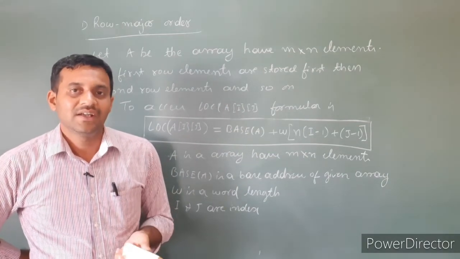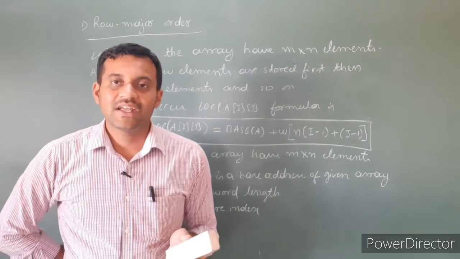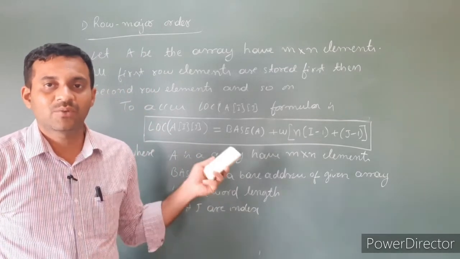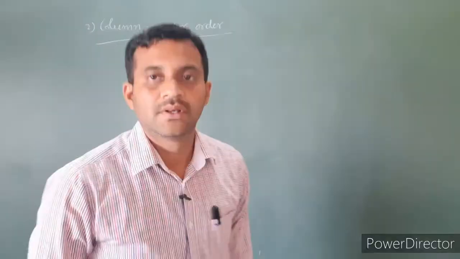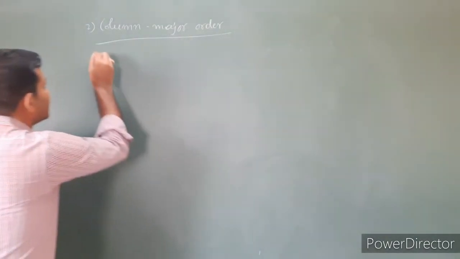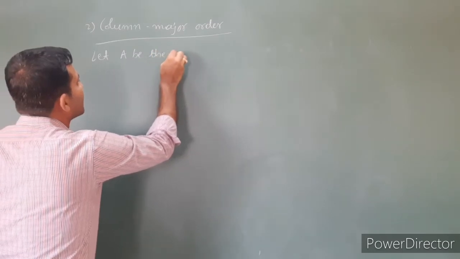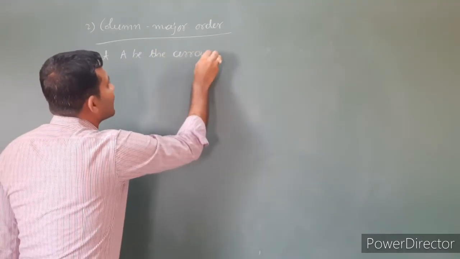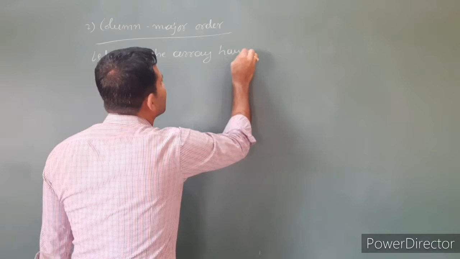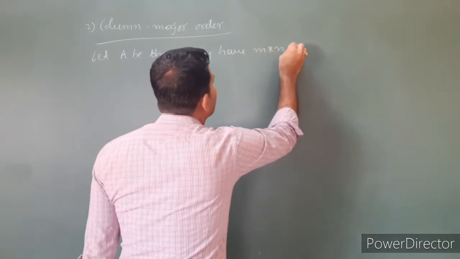Then we discuss the column major order. If it is in column major order, then the formula is different. Let A be the array having m cross n elements.